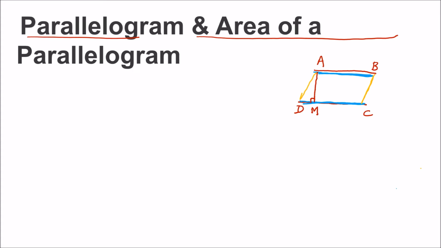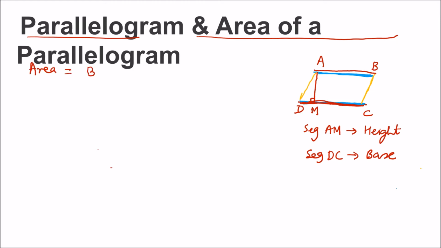So in this figure, seg AM is the height of the parallelogram, and side DC is the base of parallelogram ABCD. Area of a parallelogram is base into height.